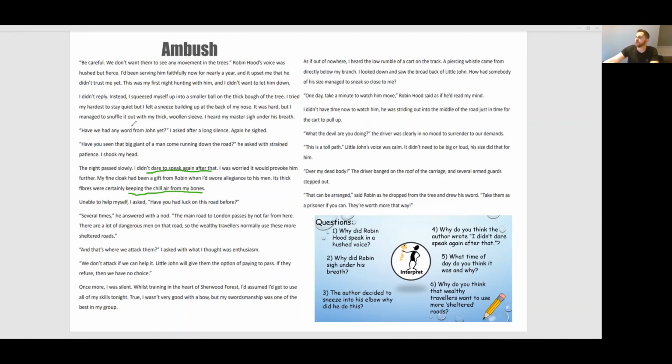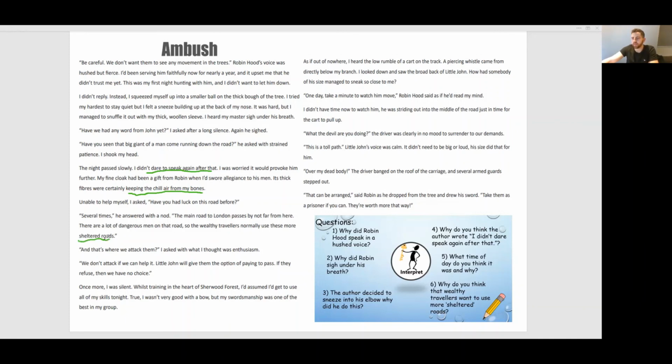Okay. And number 6, why do you think that wealthy travellers wanted to use more sheltered roads? So we already know from the text that they wanted to use sheltered roads. We can see over here lots of dangerous men on the main road.